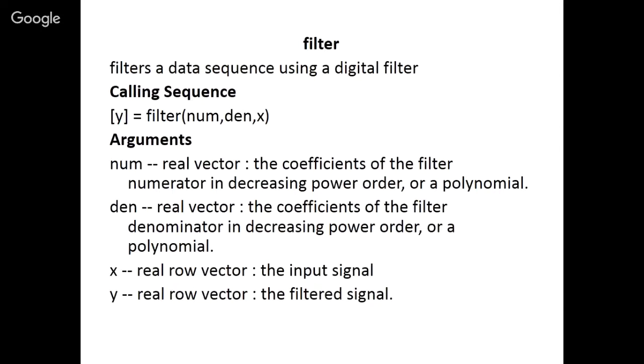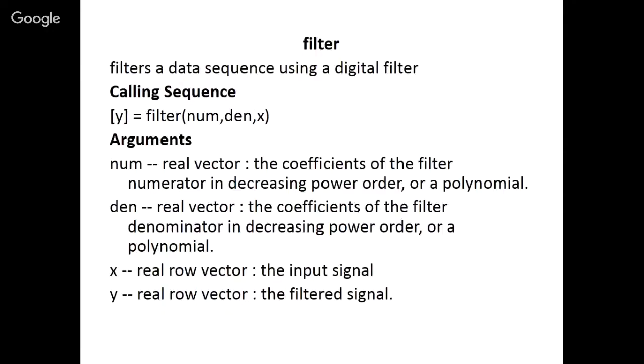That means to filter any signal, we need the input signal and the filter transfer function, and then on the output side we get the filtered signal. So the input signal is represented as X, and the transfer function of the filter, that means the filter system function, is designated with a numerator and a denominator, something divided by something.